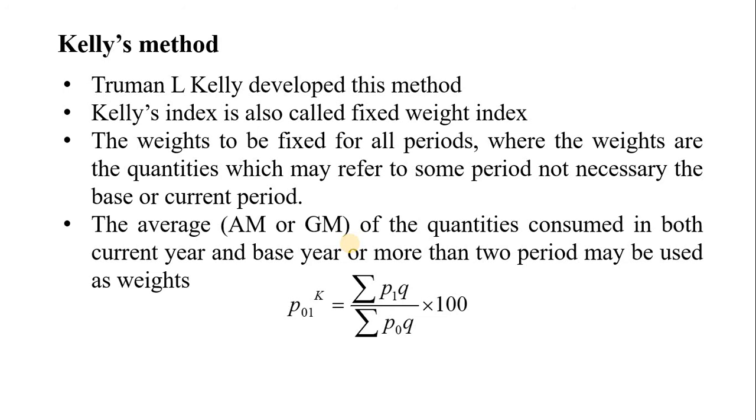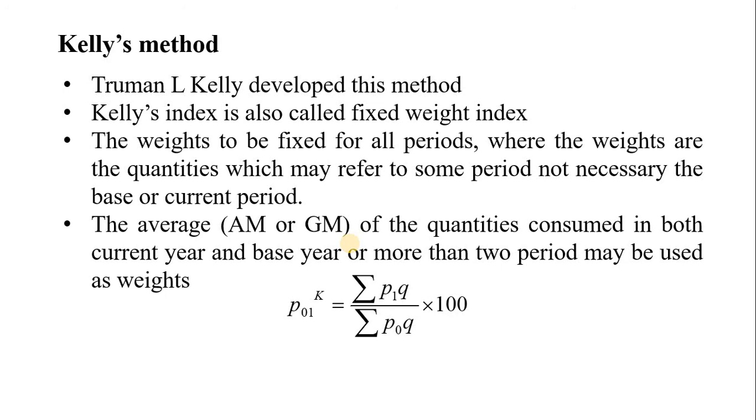Then Marshall and Edgeworth considered the arithmetic average of quantities purchased in the base period and current period as the weight. As a contrast, Walsh considered the geometric average of Q0 and Q1 as the weight. And the last one is Kelly.